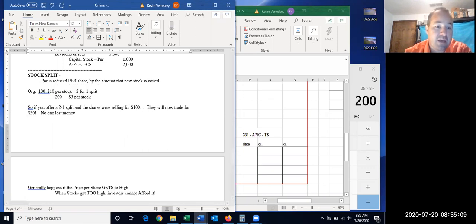So this is my little example here. We originally have 100 shares of $10 par stock, and there's a 2-for-1 stock split. So if we had 100 shares, we now have 200 shares. For every 1 share you have, you now have 2. But the par value isn't 10 anymore, it's only 5.